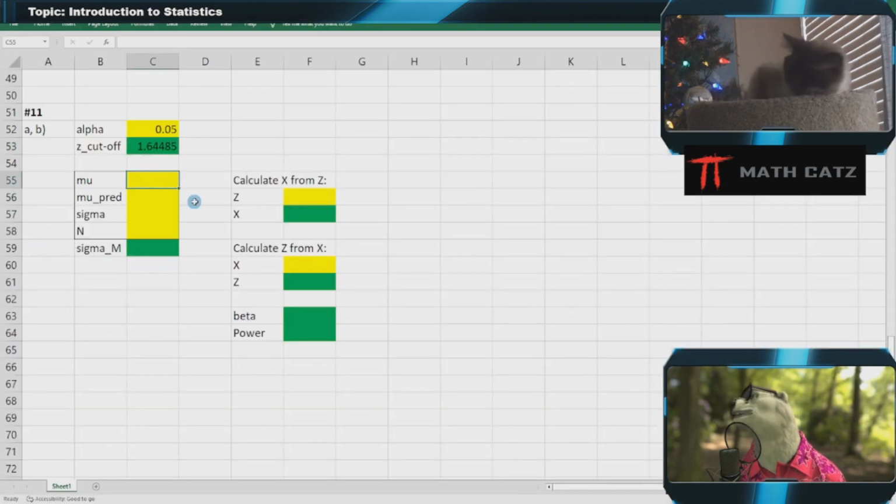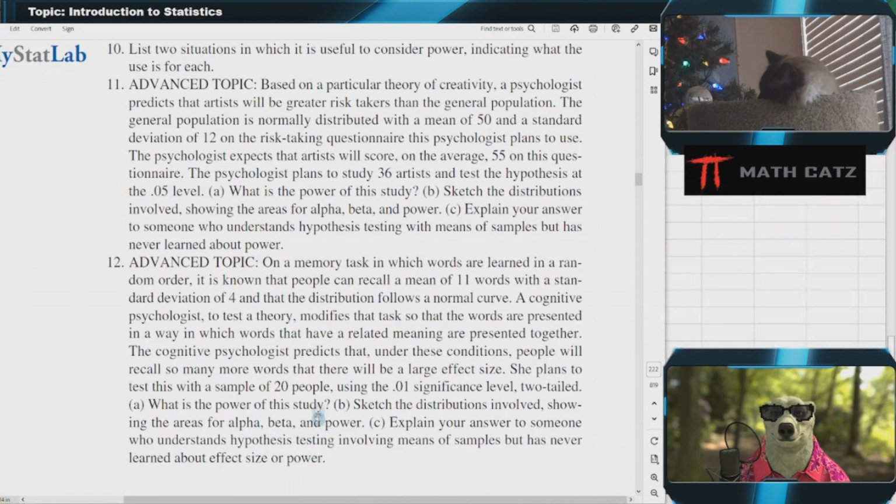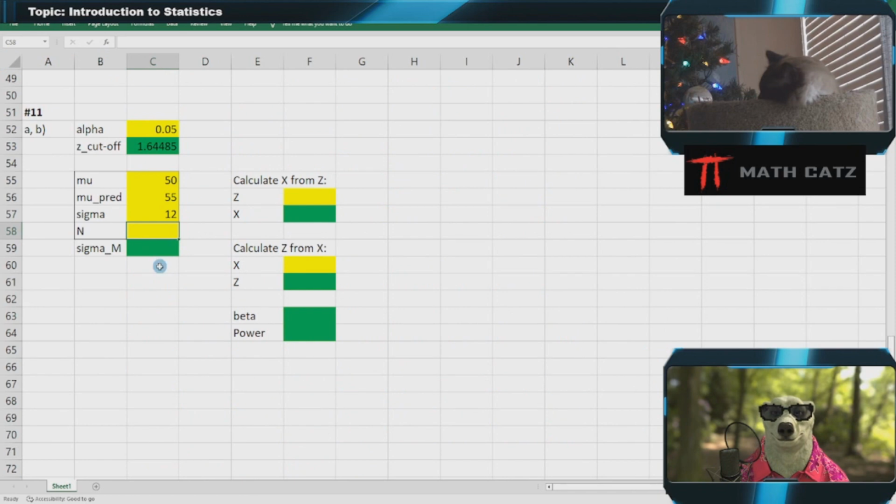Let's just put in the mean here is 50. The predicted mean is 55. Sigma was 12. And remember on my comparison distribution that I'm using in my hypothesis testing, I'm using the distribution of means. So I need to adjust the sigma to the distribution of means. Mu is the same. We have 36 people in our sample.